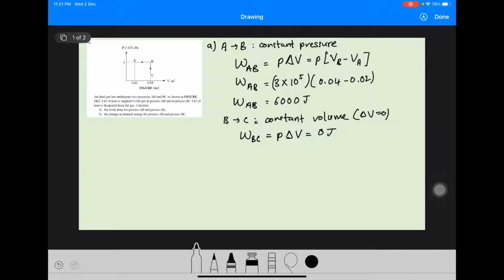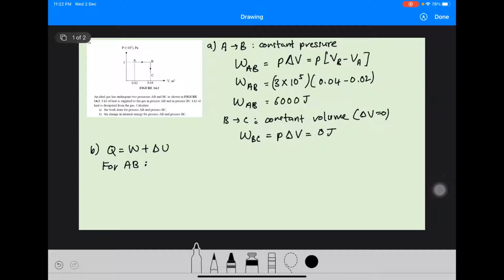For question B, you want to find the change in internal energy for process AB and process BC. Using the first law of thermodynamics, you can use the equation Q equals work plus delta U. For process AB, because they want us to calculate separately, the Q is actually given over here.